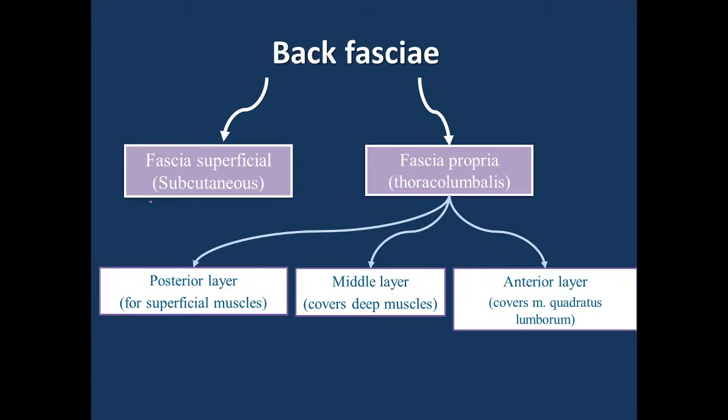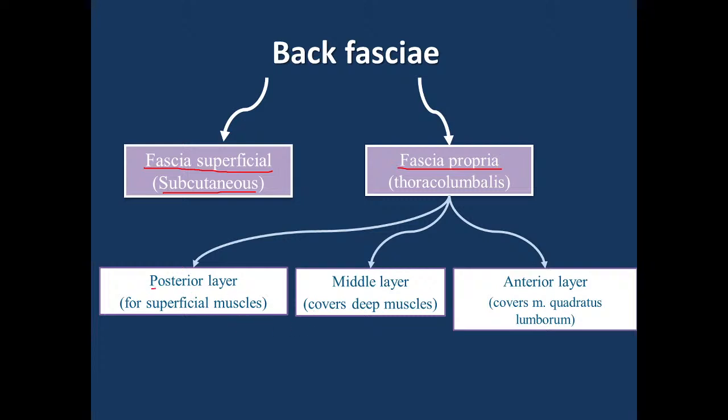There are two layers of back fascia, and this is the superficial fascia. It is located under the skin, so we sometimes call it subcutaneous fascia, and the fascia propria, which is the fascia for all layers of deep muscles.